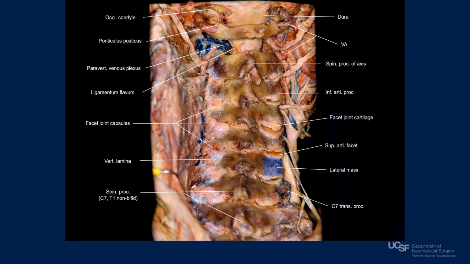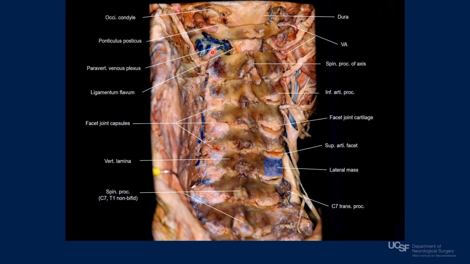We see the occipital condyle, the atlanto-occipital articulation or joint, the posterior arch of C1, the third segment of the vertebral artery, and this is an anatomical variation in which there's an osseous bridge covering the third segment, and that's called a ponticulus posticus.